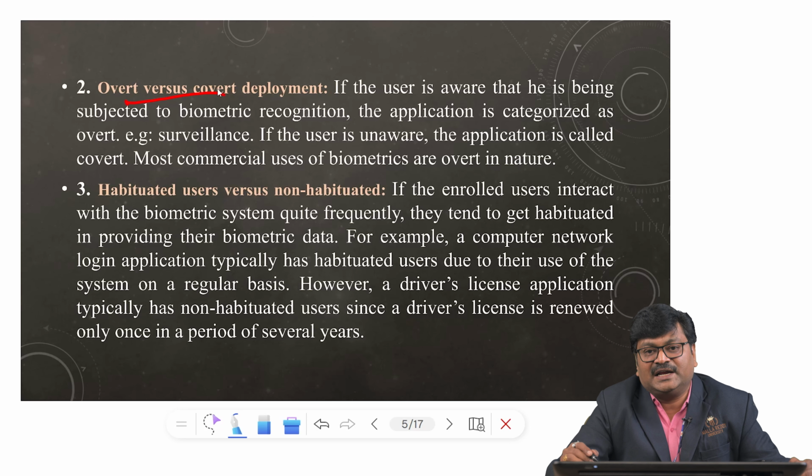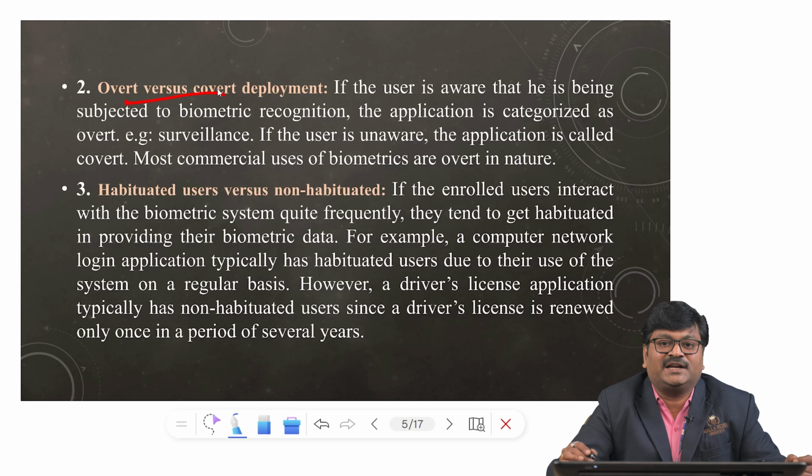If he is unaware of the biometric system, then we'll call it covert. A simple example is a jewelry shop, where there are some cameras which will be visible to the user. Obviously a customer who steps into that shop will be aware of the surveillance systems present there. Then it will be considered as overt.